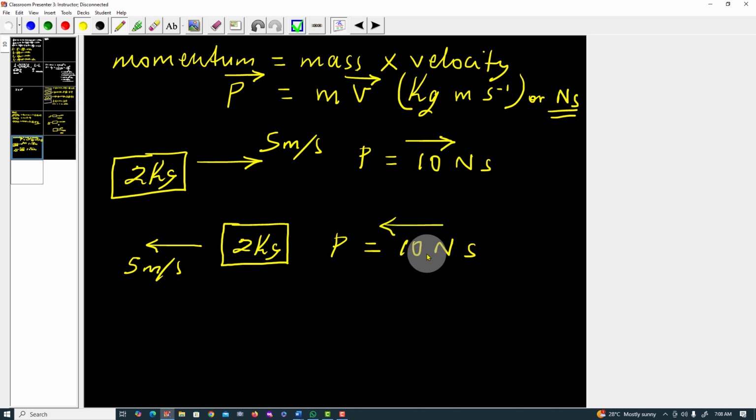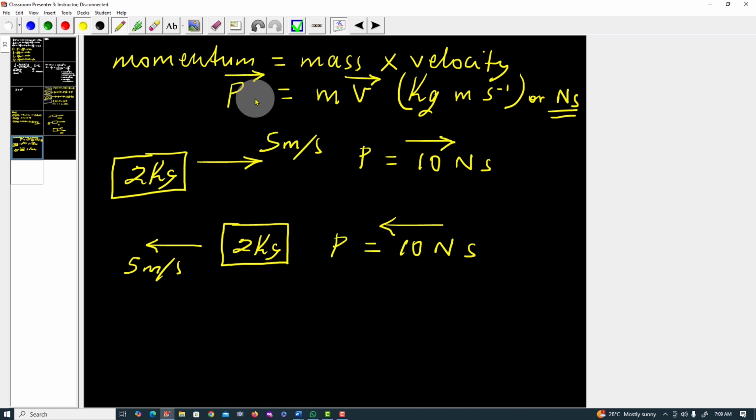These two momenta are not the same. Although their magnitude is the same, 10 Newton seconds, their directions are different. And by the fact that their directions are different, the two momenta are not the same. They are different.